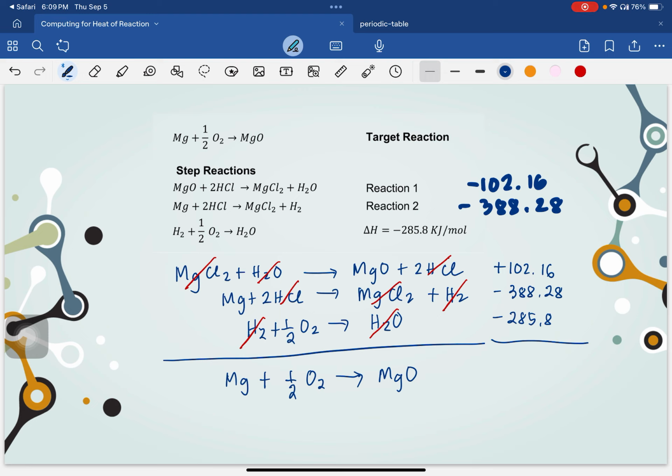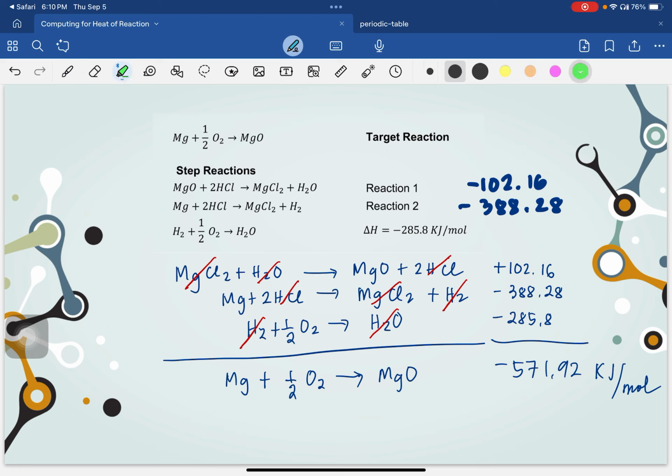Now doing that, you can already compute for this one. So this is 102.16 minus 388.28 minus 285.8. So this is negative 571.92 kJ per mole. So this is our answer, which is of course dependent on the temperatures that we've obtained during the experiment.